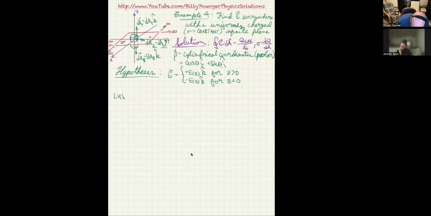So the left-hand side is going to be the closed integral of E dot dA, but I have three different surfaces. I have the top surface, the bottom surface, and the soup label. So I got to do all those. First, the integral over the soup label. This is why I had to put plus or minus E of Z k hat dotted with the dA for the soup label, which is dA soup label rho hat.